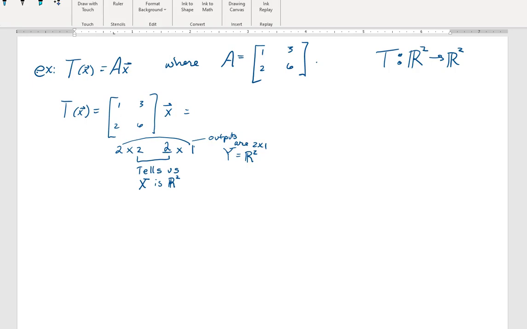Okay, let's characterize this transformation. So T of x, 1, 2, 3, 6, times x1, x2.